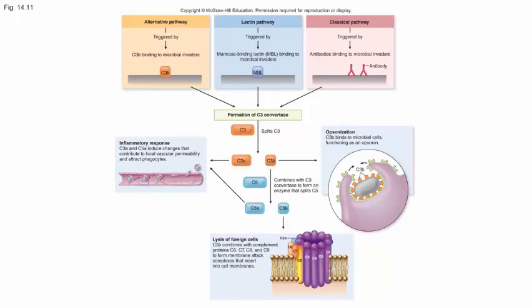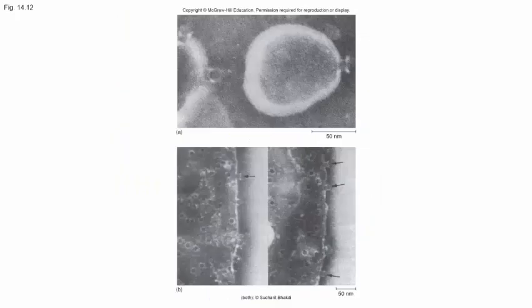Finally, the third step is the lysis of the foreign cells. And you see this clearly done in this next photo. Complexes of the complement system proteins, C5b, C6, C7, C8, C9, are going to spontaneously assemble in the microbe membranes to form what is called a membrane attack complex, MAC.